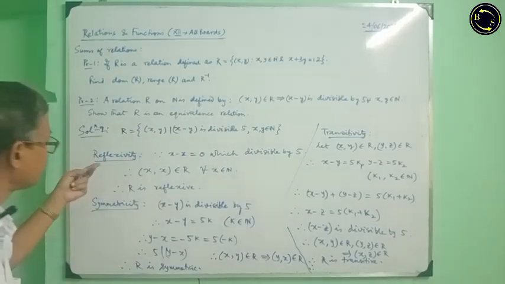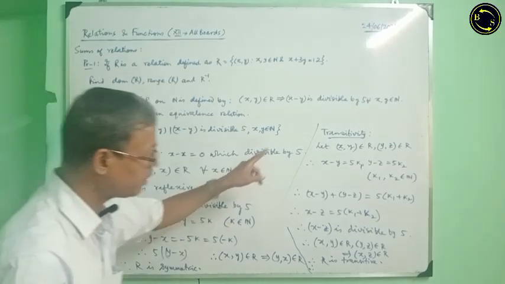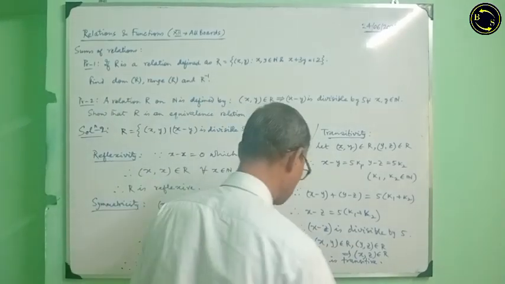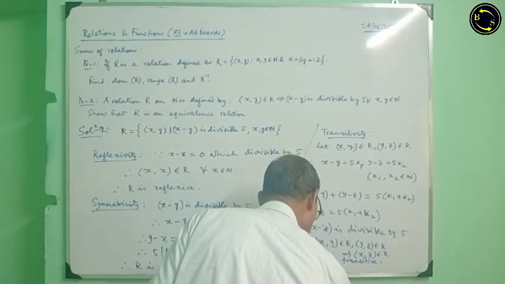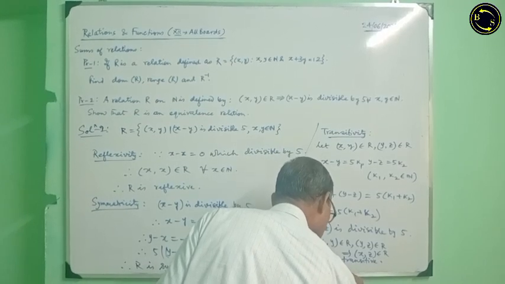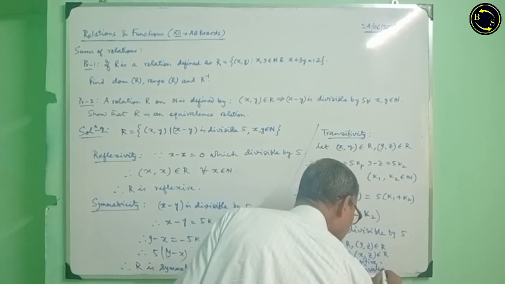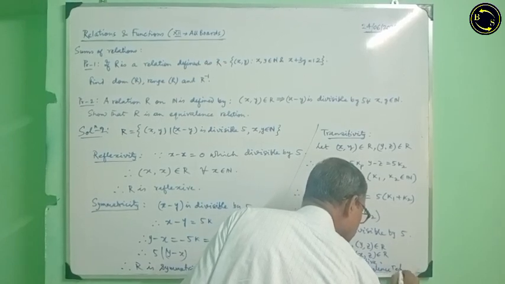Therefore, R is a reflexive relation, R is a symmetric relation, and R is a transitive relation. Therefore, R is an equivalence relation.